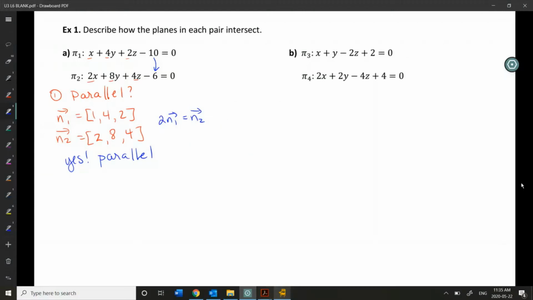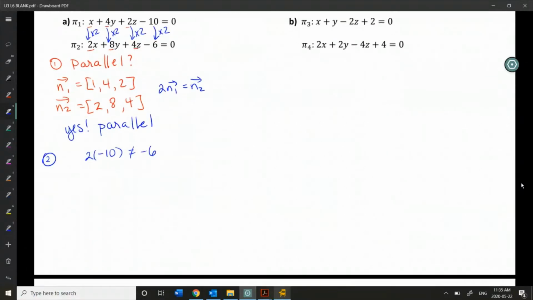So if I'm taking each of these and multiplying by 2 to get to the corresponding coordinate, are we doing the same thing to get from -10 to 6? Of course, we can see that's not true. 2 times -10 does not equal -6, and that means the planes are parallel and distinct. So that would be the second step. We just want to check the constants.